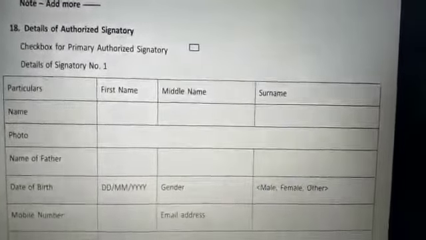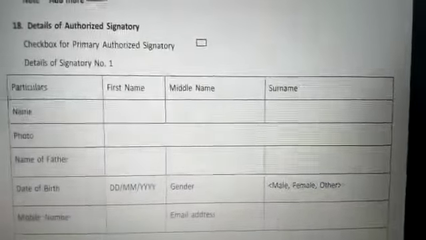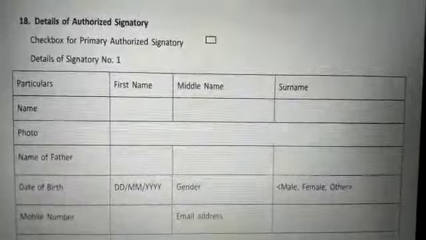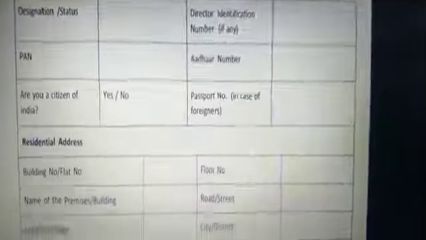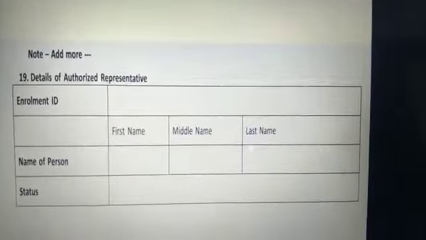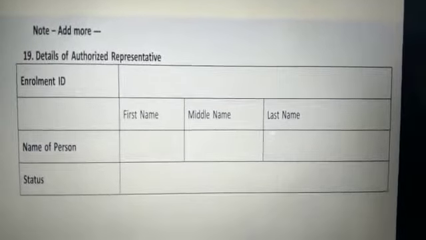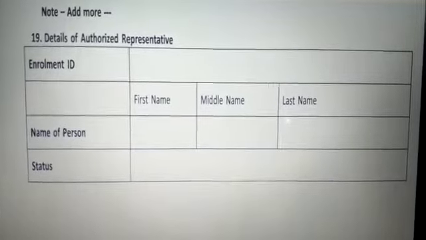Normally it is the managing partner, managing director, etc. If it's a Hindu undivided family, HUF, it is the Karta, or the leader of the family. Then the address of the authorized signatory. And finally, details of the authorized representative. This is generally the GST practitioner who is authorized to represent you. So his details.